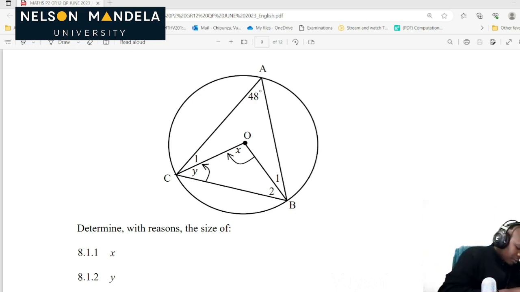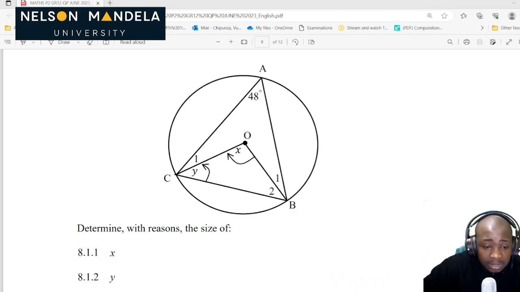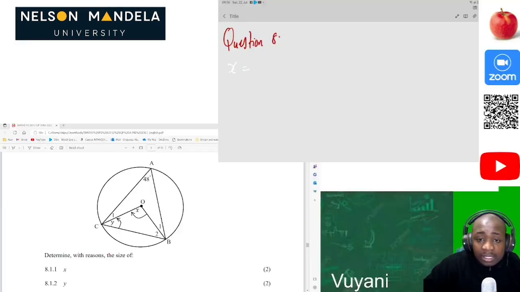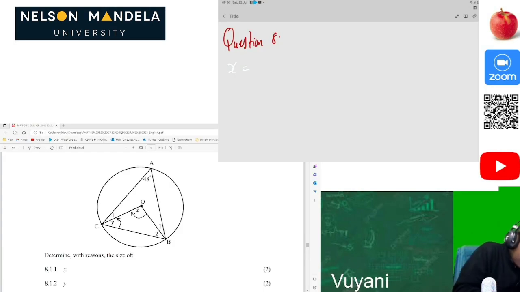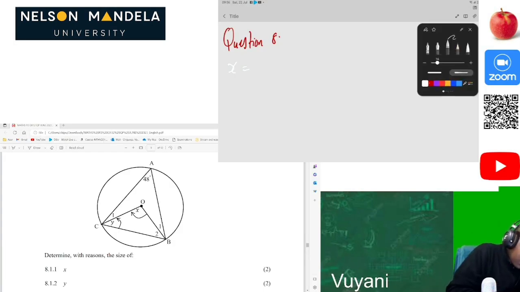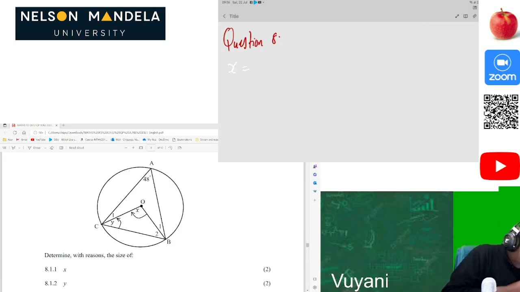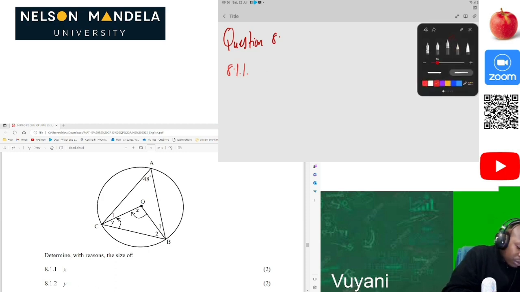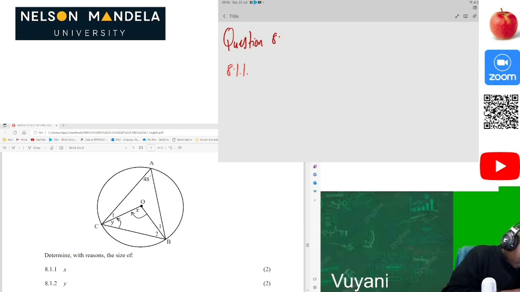x is equal to, let's do this. It's 8.1.1. So x will be equal to 96.